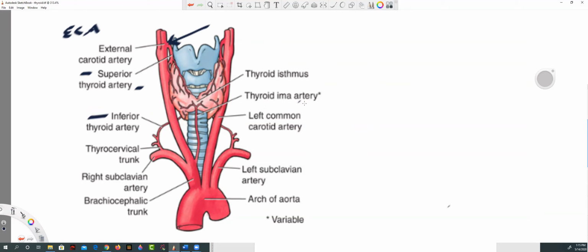Thyroid IMA artery, medial artery, question mark. Not in the book. Let's not even worry about the IMA artery, but you know what? I am going to look at that up in my own time. These are the ones we want to worry about. Superior and inferior thyroid arteries. First off the ECA, second off of the subclavian.